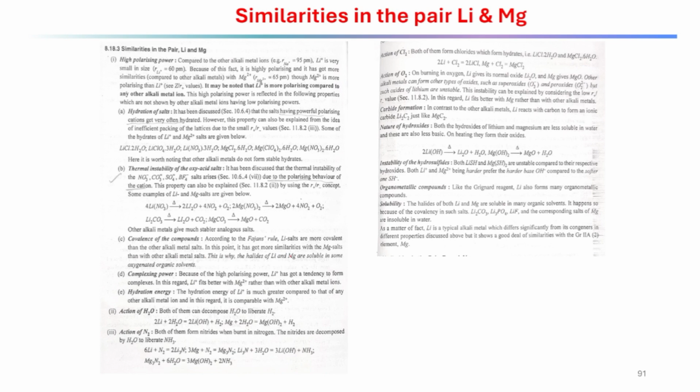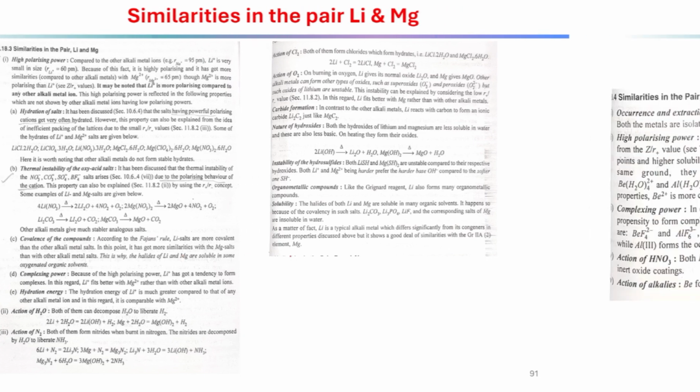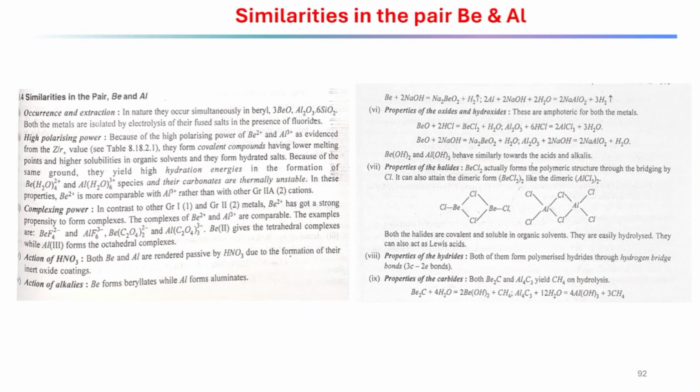I will not go into the details of these similarities in the pair of lithium and magnesium. If you are interested, you can pause the video and you can take a note, or you can read this. So these are for those who want to learn more, so you can have this information. Similarities in the pair of lithium and magnesium. Similarly, you can learn about the similarities in the pair of beryllium and aluminum.